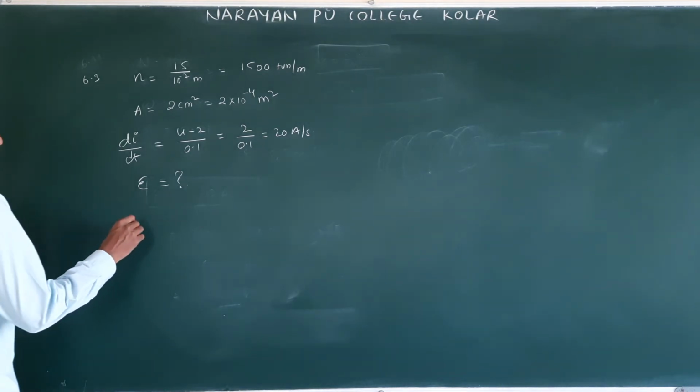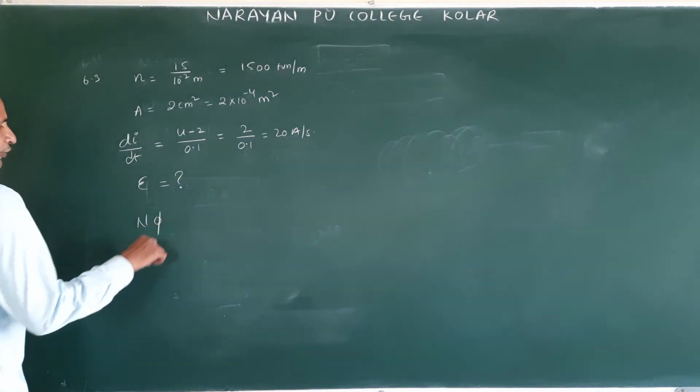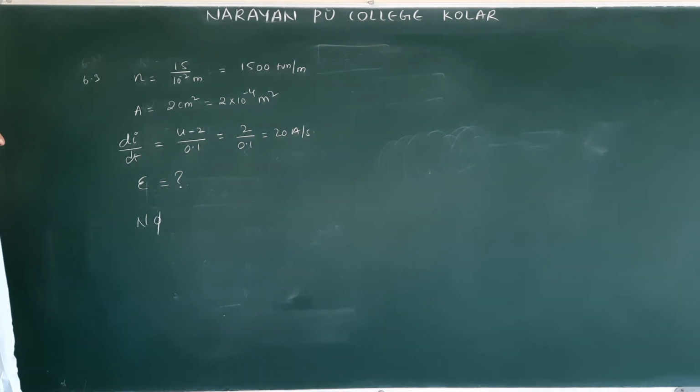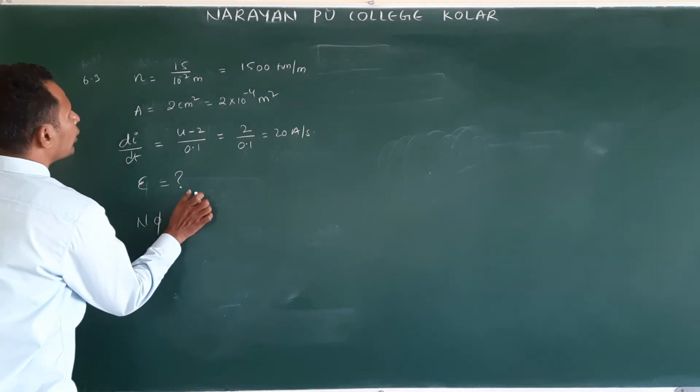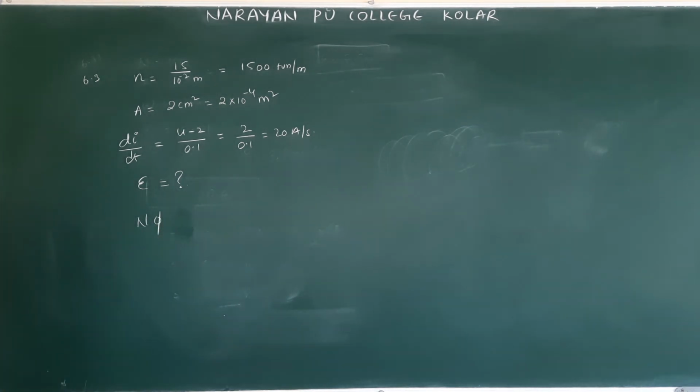What is the formula? N phi. They are asking for induced EMF, right? So we have the number of turns and area, but length is not there.